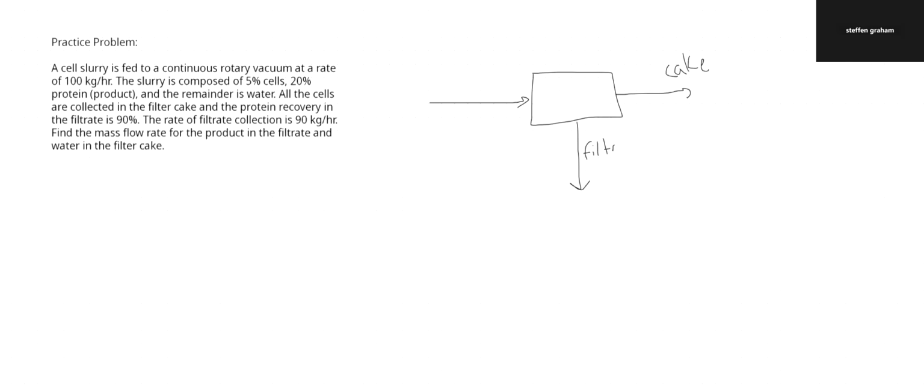In our inlet stream, I'll label this the slurry. Now the other part of drawing this is we need to write everything out. So we have a total of 100 kilograms per hour here. The filtrate, we were told we have 90 kilograms per hour.